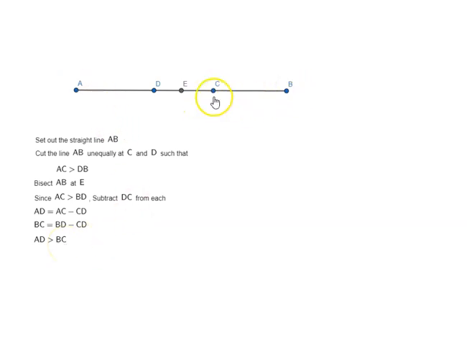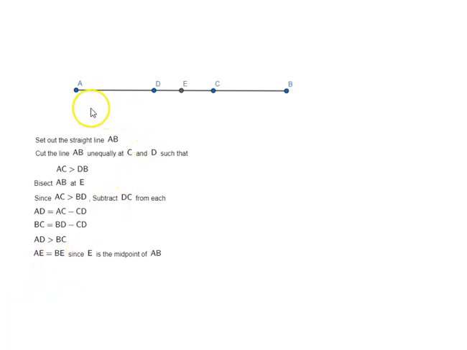Why? Because we started off with AC is greater than BD, and from both of them, we are subtracting the same magnitude, which means the remainders will also have the same relation. So AD is greater than BC.